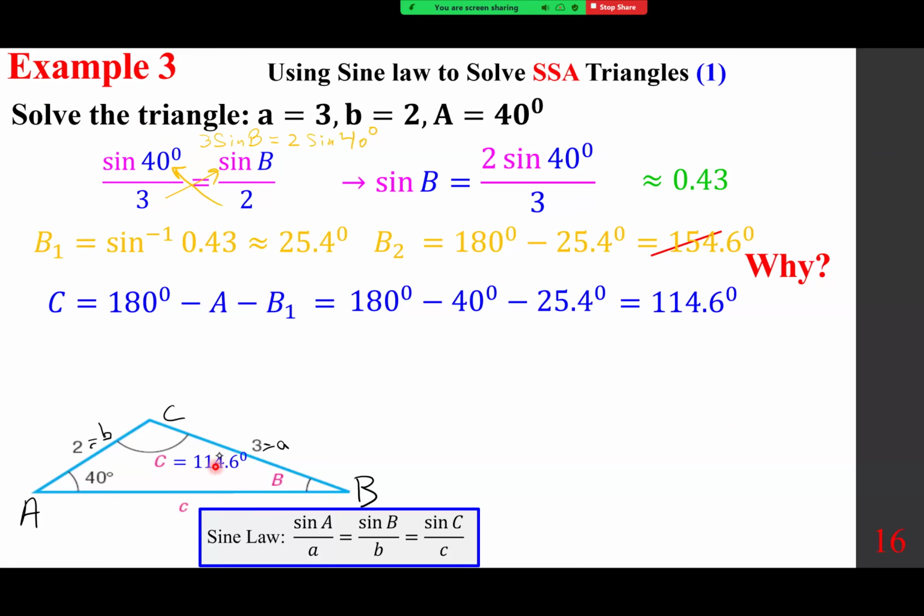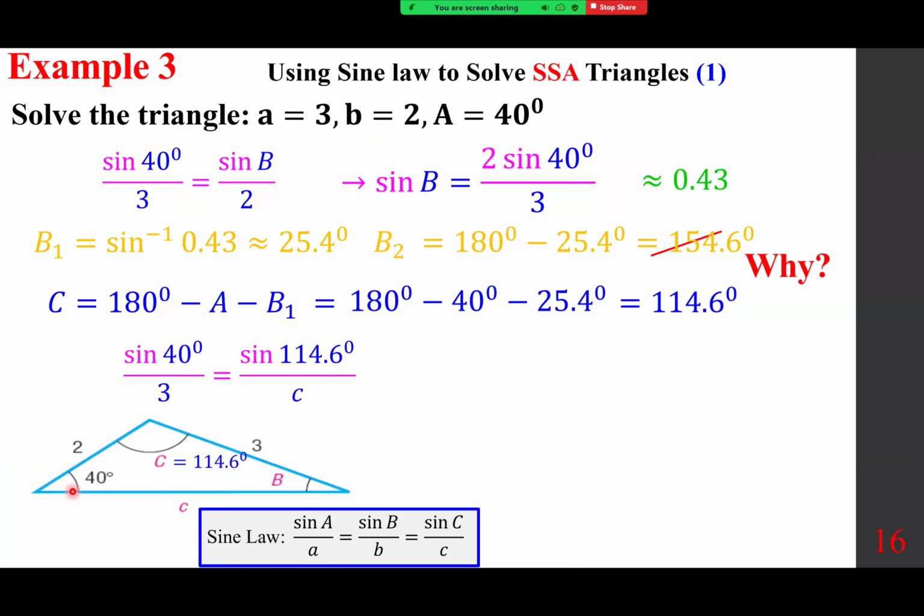So this is 114.6 degrees, this obtuse angle. Let me erase my work anyway, so it becomes easier to see.